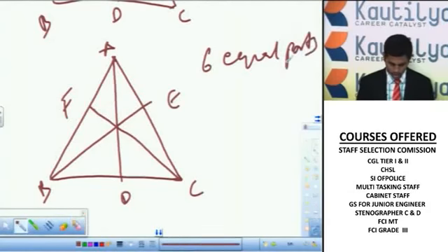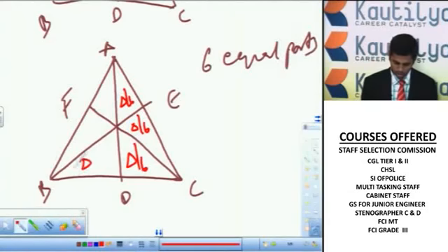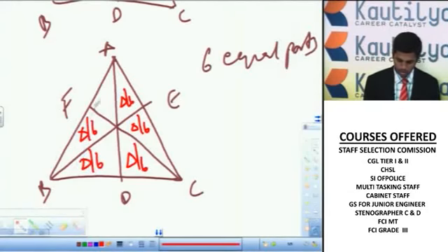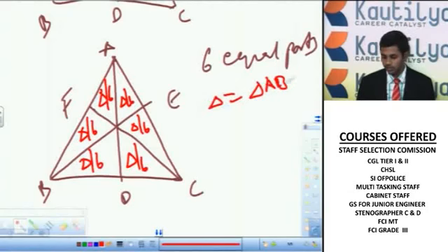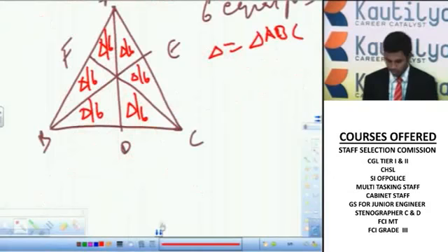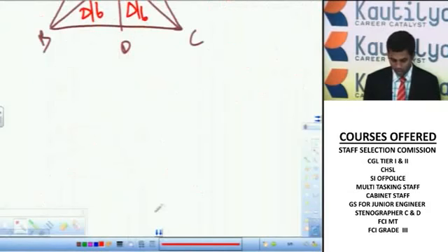That is, each part will be equal to delta by 6, and delta is nothing but the area of triangle ABC, right?